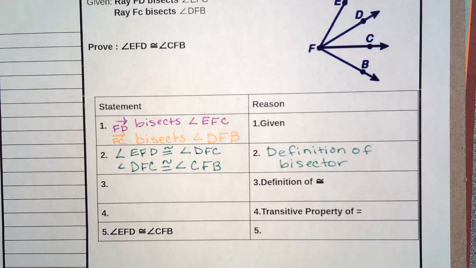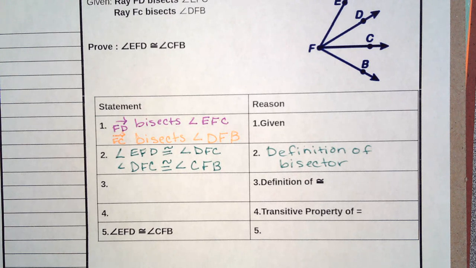Okay, what comes next? Well, what's the definition of congruent? It means that their angles are the same.